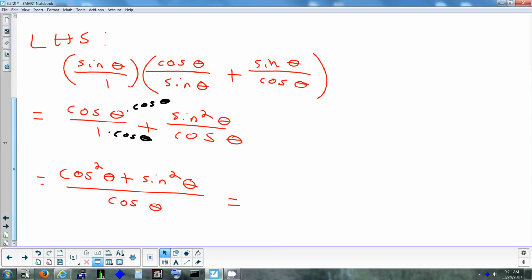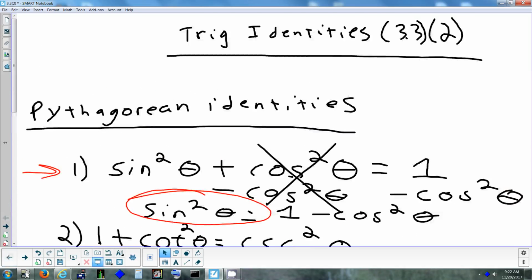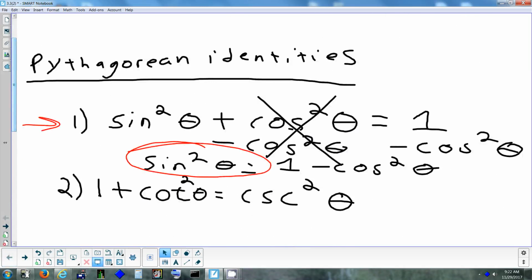Okay, so now you have cosine squared plus sine squared. Does anybody recognize cosine squared plus sine squared? That's just 1. If you take cosine squared and add it to sine squared, all of that just turns into a 1.